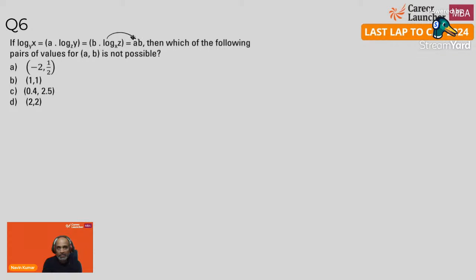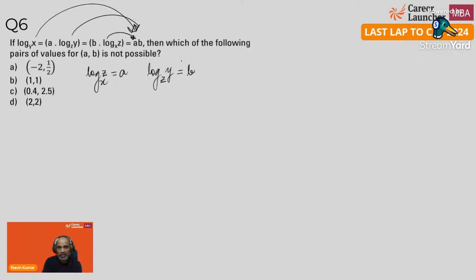If I look at this, can we say log z to the base x is actually a? And if I look at this, can we say log y to the base z is going to be b?